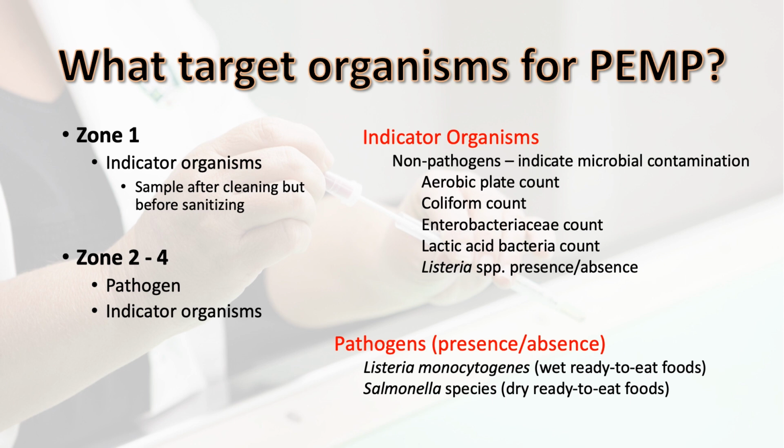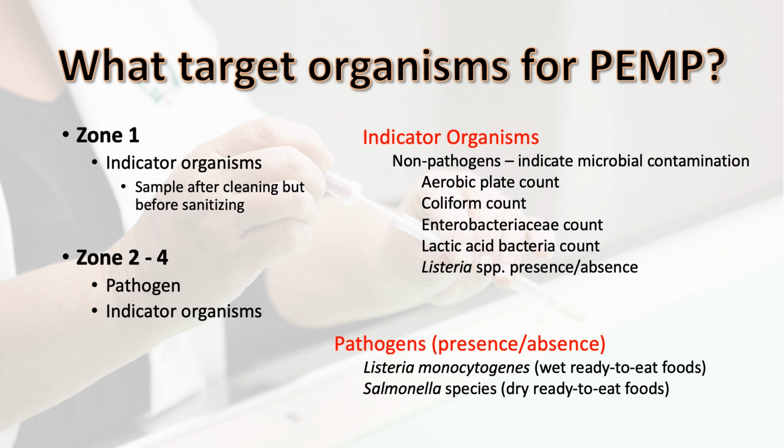You can use general guidelines or an analysis of your own data to set limits for your chosen indicator organism. Usually, quantitative data for the indicator organisms is expressed in numbers, most often colony-forming units, or CFU, per square inch or square centimeter, or per volume in some cases.